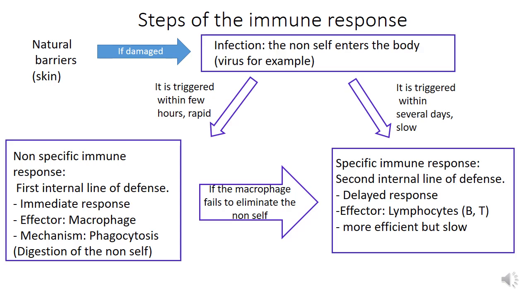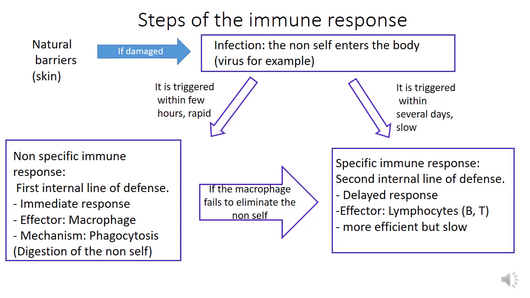Then, if the macrophage fails to eliminate the non-self, here another immune response is triggered called specific immune response, and it's the second internal line of defense. This immune response is triggered within several days, so it's somehow slow, but actually it's more efficient than the non-specific immune response.